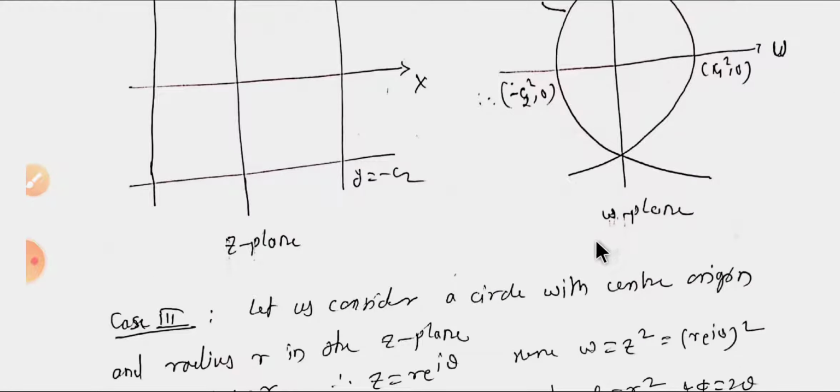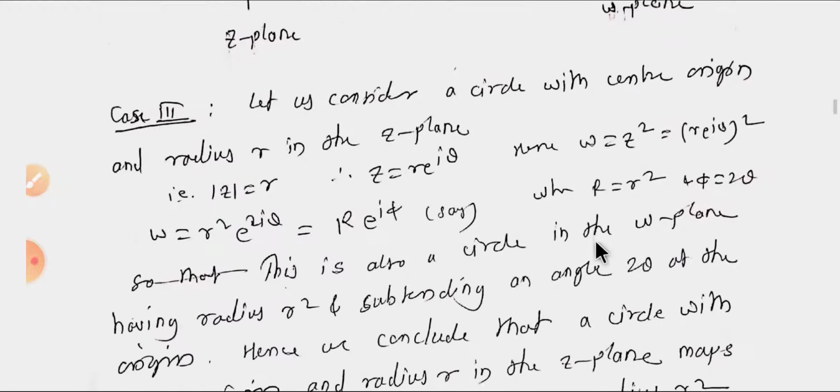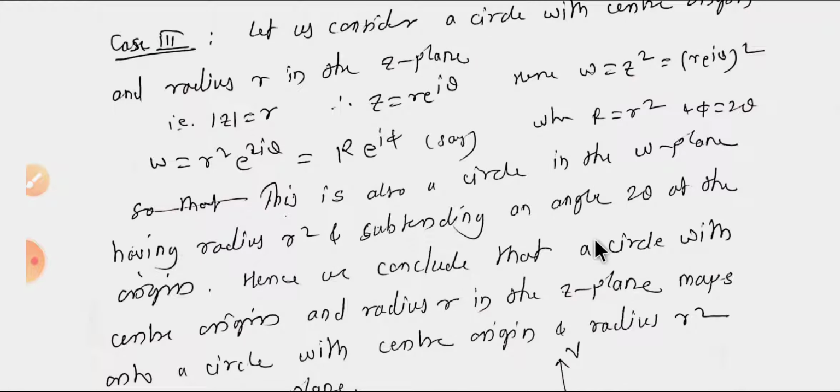Now case 3. Let us consider a circle with center origin and radius r in the z plane, that is mod z equal to r. So z equal to r e raised to i theta, where r is the radius and the center is 0. Hence w equal to z square. This is the discussion of z square we are studying.